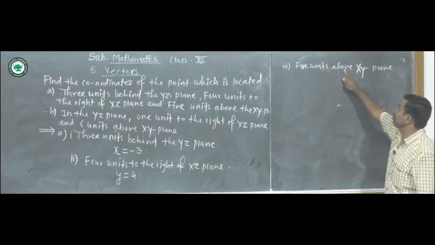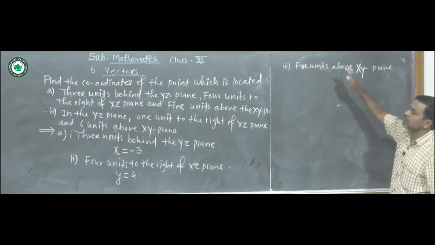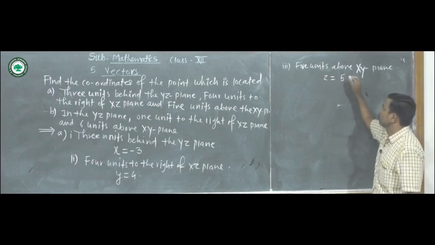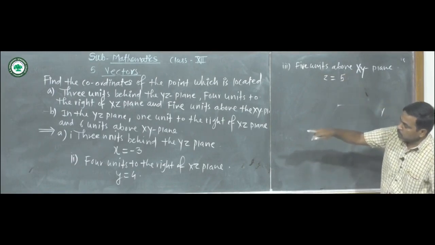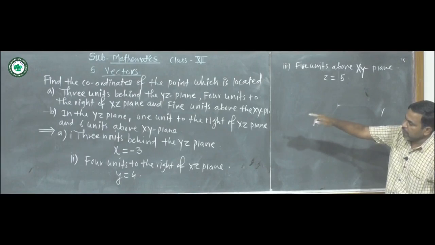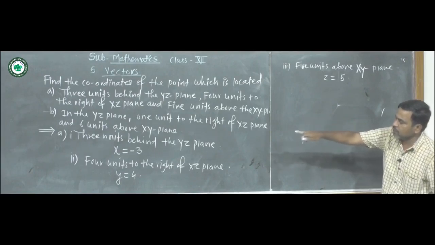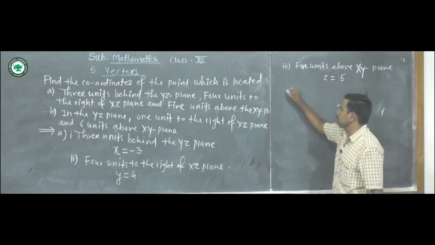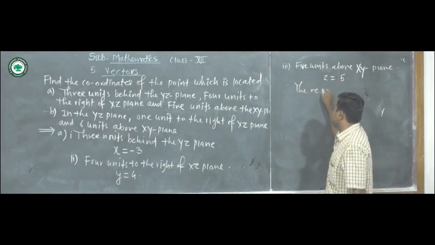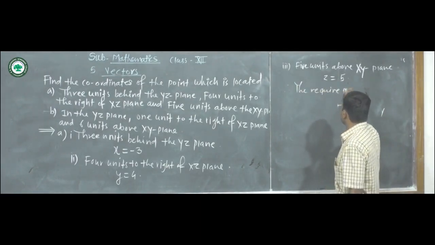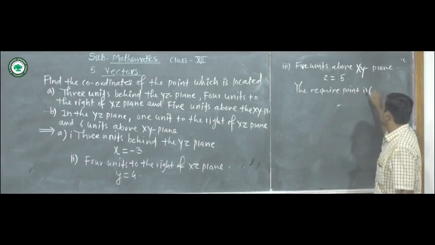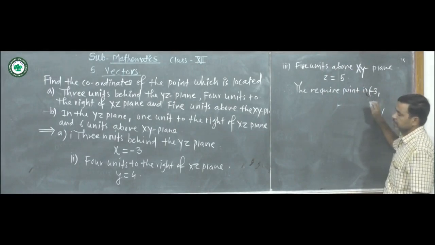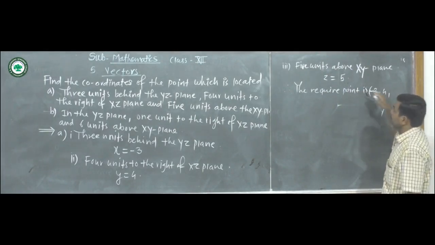And it is above the XY plane, so the Z coordinate is positive. So Z is equal to 5. So see, the corresponding point is x is equal to -3, y is equal to 4, and z is equal to 5. So therefore the required point is (-3, 4, 5).